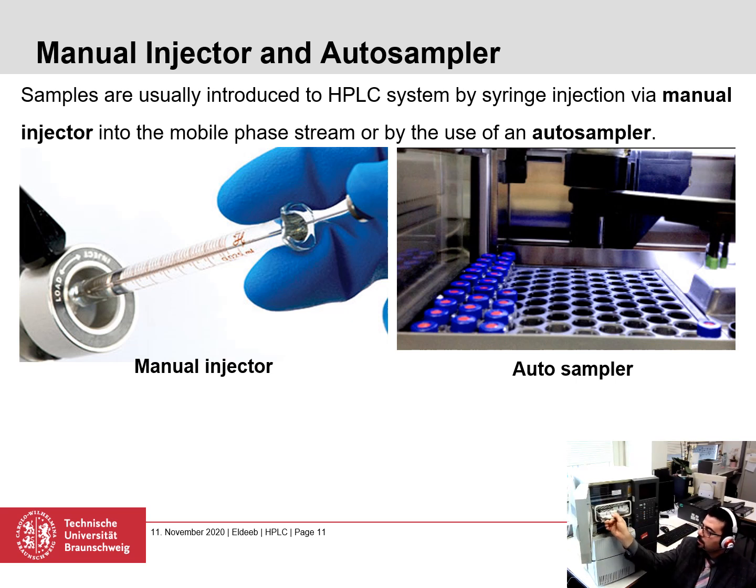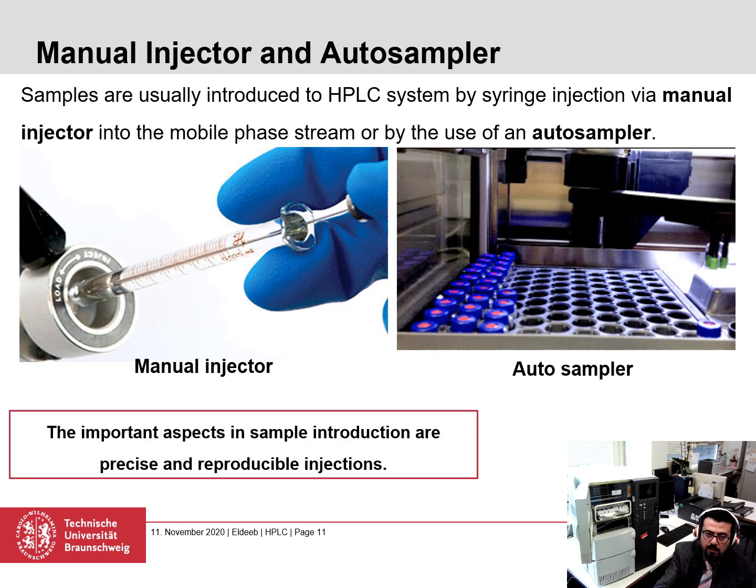Usually we have a tray in which we can place different small vials, which are used to deliver the components of the sample. So we put the components of the sample dissolved in this vial, and there will be an automatic needle which will deliver a certain volume and inject the volume in the stream of the mobile phase going to the column, to the stationary phase.